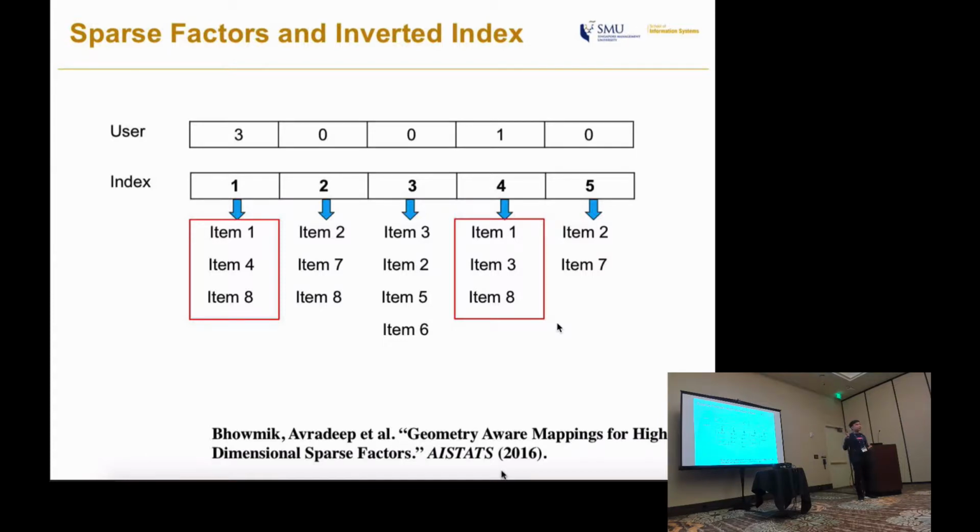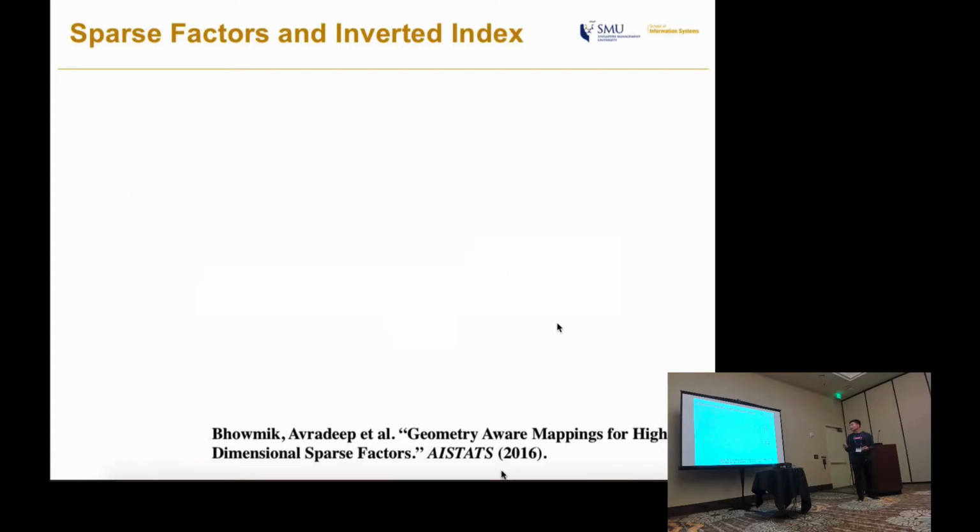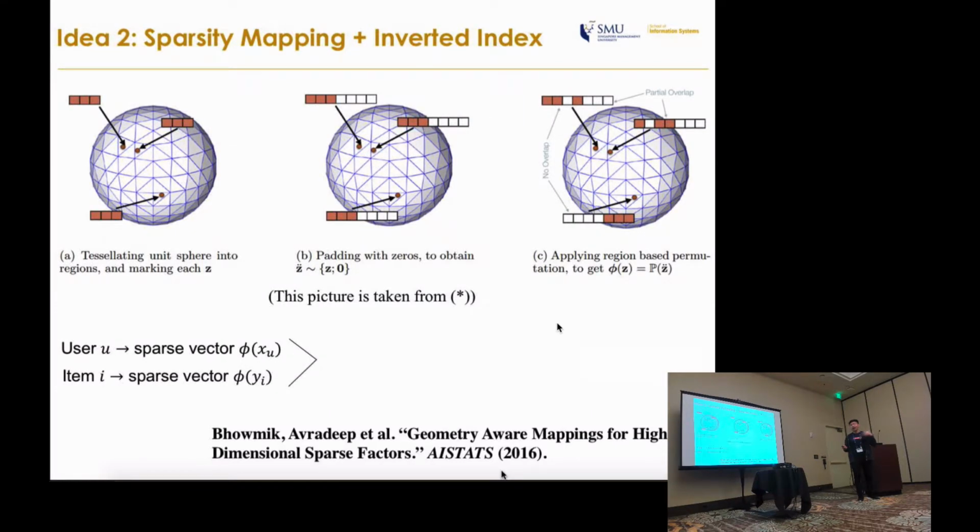Any questions? Yes? So you are assuming that any non-zero entry is positive? Yes. Basically, the output of matrix factorization methods is going to be dense vectors, right? And then they normalize the user and item vectors, and then they apply this transformation so that the user and the item vectors now become sparse.